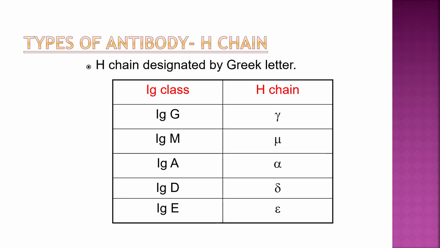Types of antibody are according to the H chain, designated by Greek letters. First is IgG, the H chain is gamma; IgM, the H chain is mu; then IgA, the H chain is alpha; IgD, H chain is delta; IgE, H chain is epsilon.